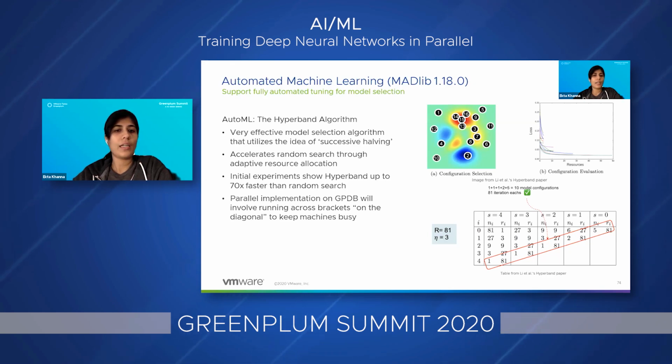How it works is that it starts with the most expensive bracket to explore the maximum configurations. And with each iteration i, it keeps the top 1/eta configurations and prunes the rest, as shown in the graph below. Finally, at the end, what is left is the final bracket, which has the top n configurations. The initial experiments have shown that Hyperband speeds up random search by up to 70%.